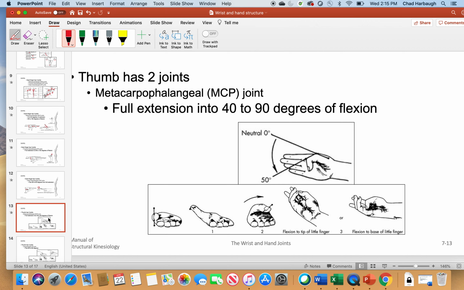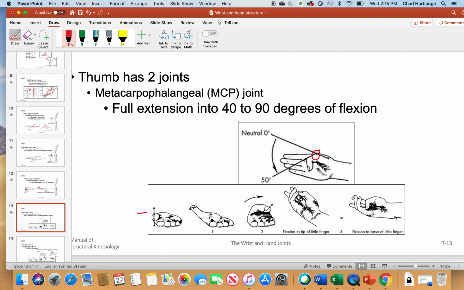So as previously mentioned, we have 3 joints in the thumb. The first one we'll talk about is the connection between the metacarpals of the hands and the phalanges of the fingers. It has the ability to do full extension or full flexion from 40 to 90 degrees.